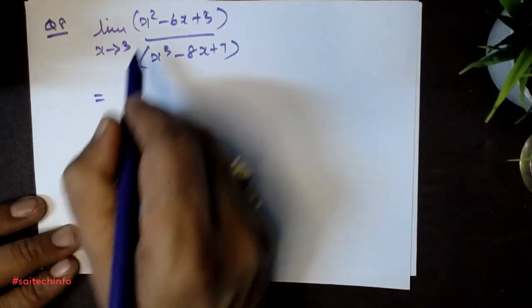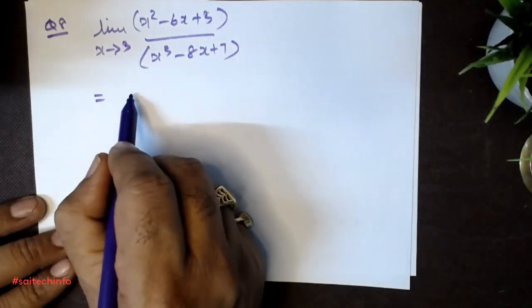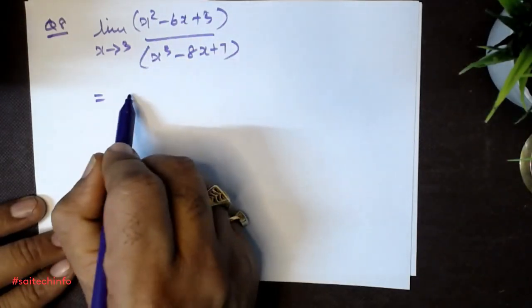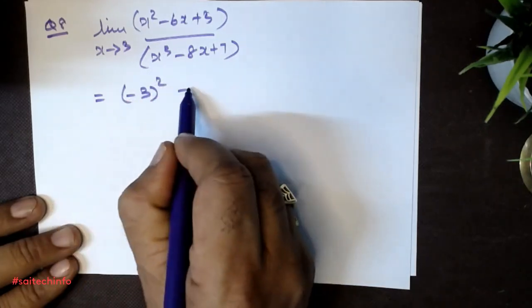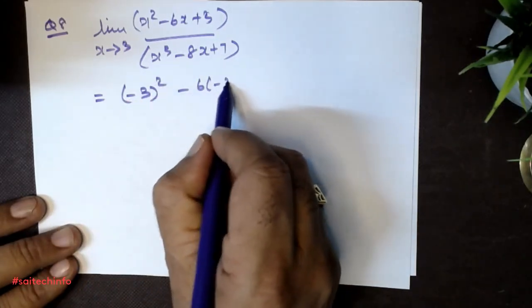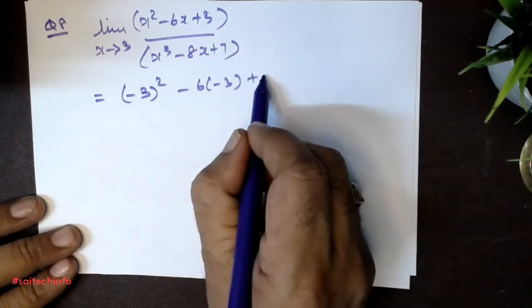So that is equal to minus 3 the whole square minus 6 into minus 3 plus 5.